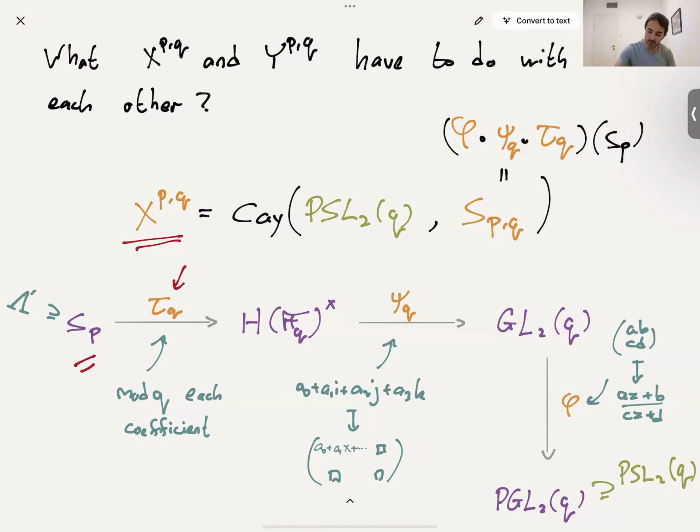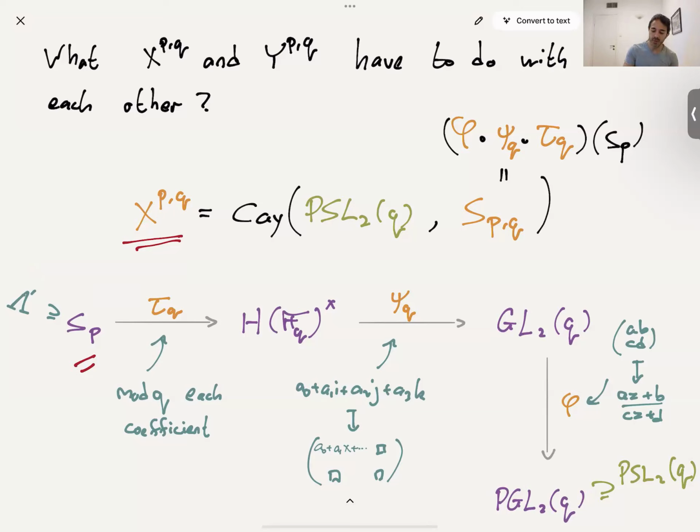And we showed that everything in delta prime goes not only to an FQ quaternion, but an invertible FQ quaternion, just because the norm, which is the determinant under this isomorphism, is non-zero. It's P, so it's non-zero.